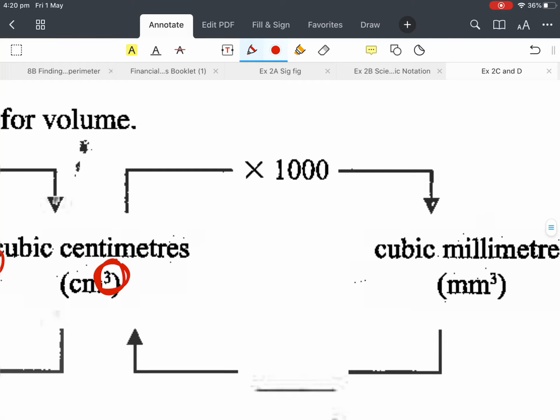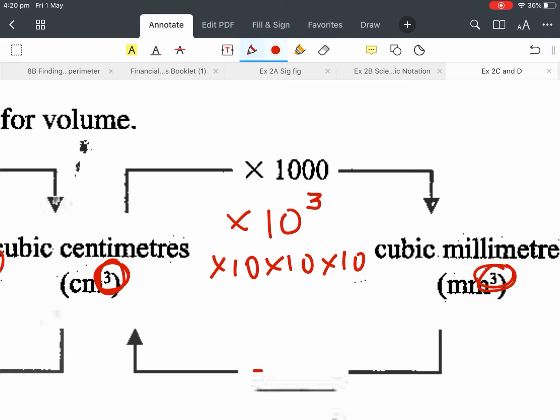So centimetres to millimetres, if you ask yourself how many millimetres are in a centimetre, you might say there are 10. But because we are cubing again, we go by 10 cubed, and that's how I get 1,000. 10 times 10 times 10. If I'm going in the opposite way, you just divide by 10 to the power of 3, or 1,000.